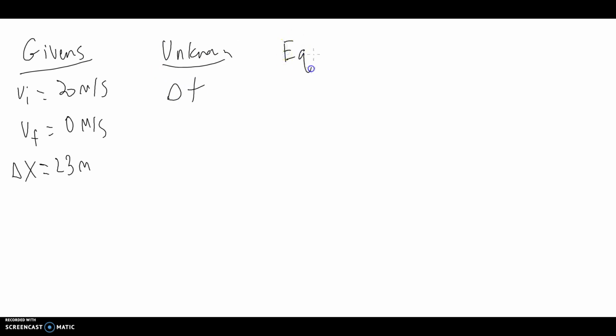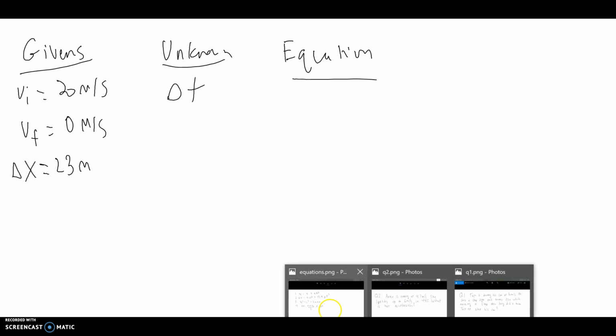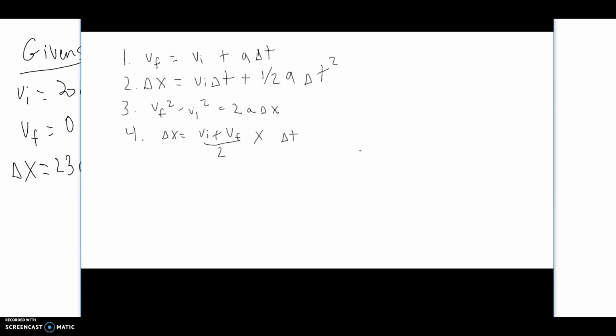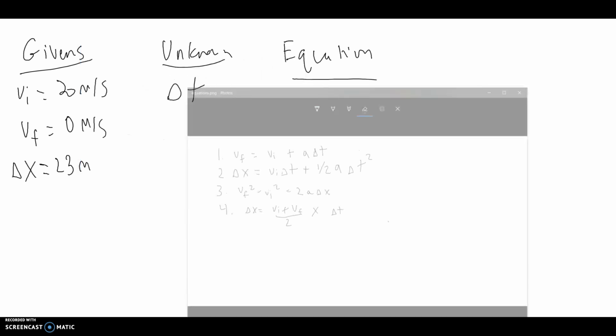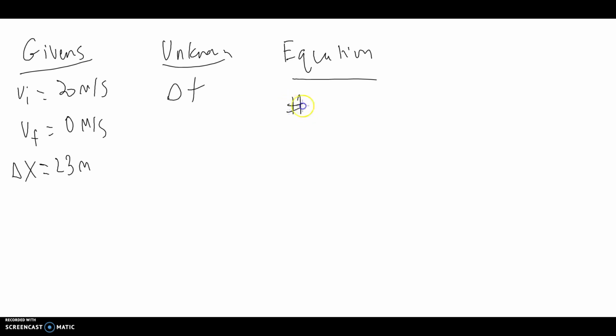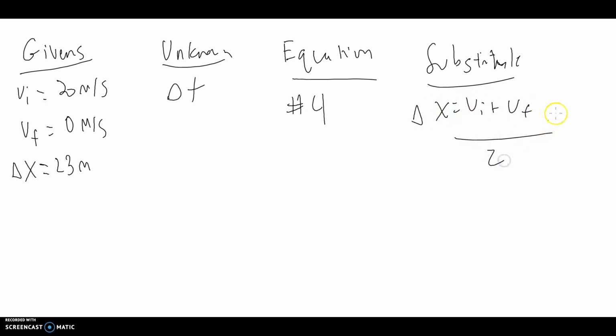So the equation that we want to use for this, let's look at the equations real quick again. If you look at equation number 4, it has all 4 of the variables that we are looking for. So we will be using equation number 4. Substitute. Sorry, my handwriting is atrocious. So equation number 4 is delta x equals vi plus vf divided by 2 times change in time.